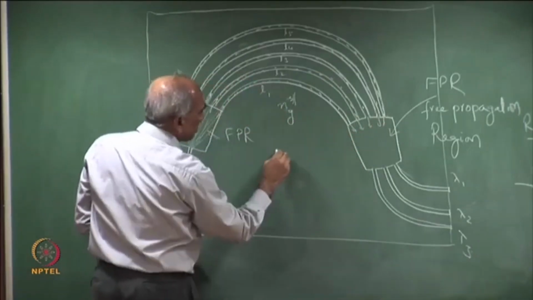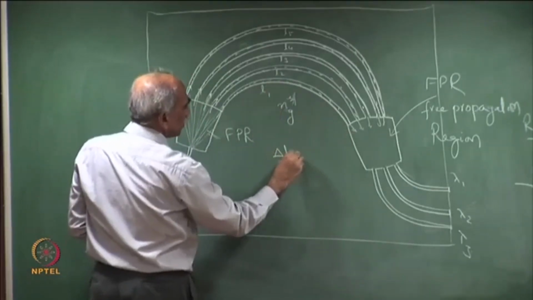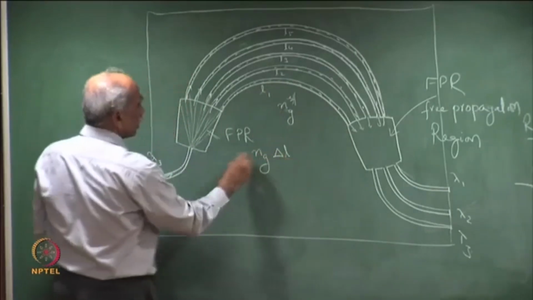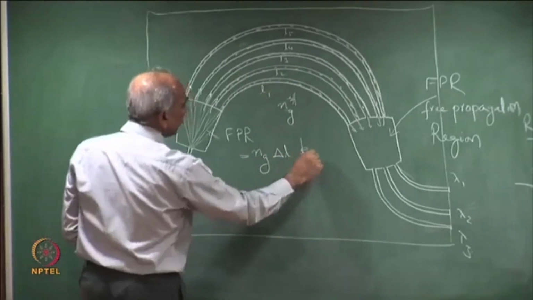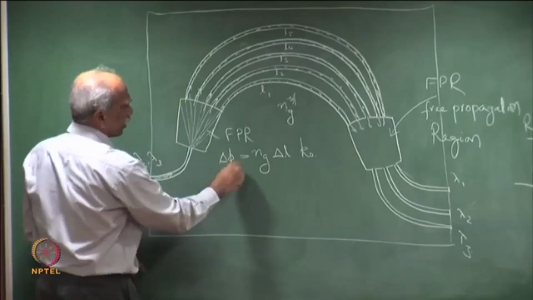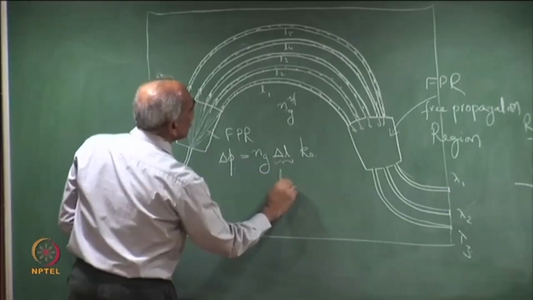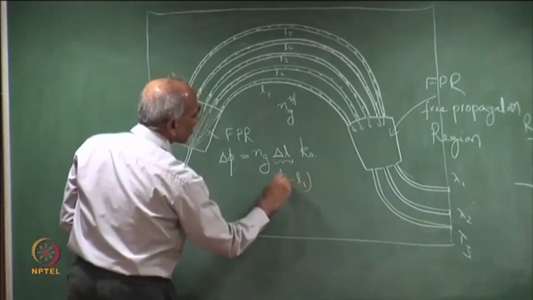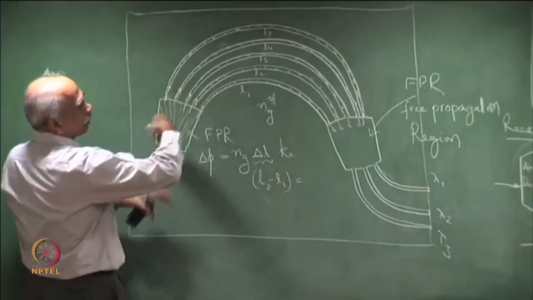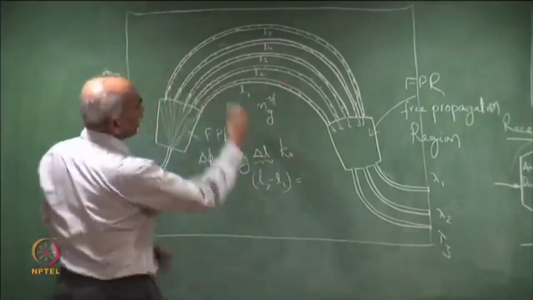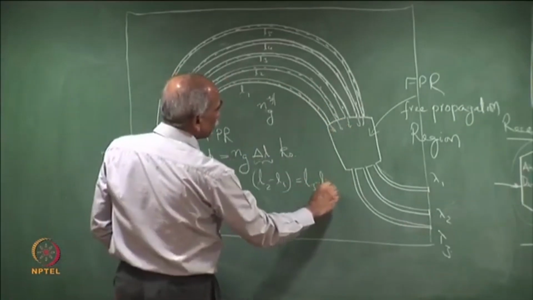The path difference is delta L, and delta L times Ng multiplied by k naught will give you delta phi, the phase difference. So, this delta L corresponds to L2 minus L1, generally taken such that they are equally separated, or L3 minus L2 and so on.